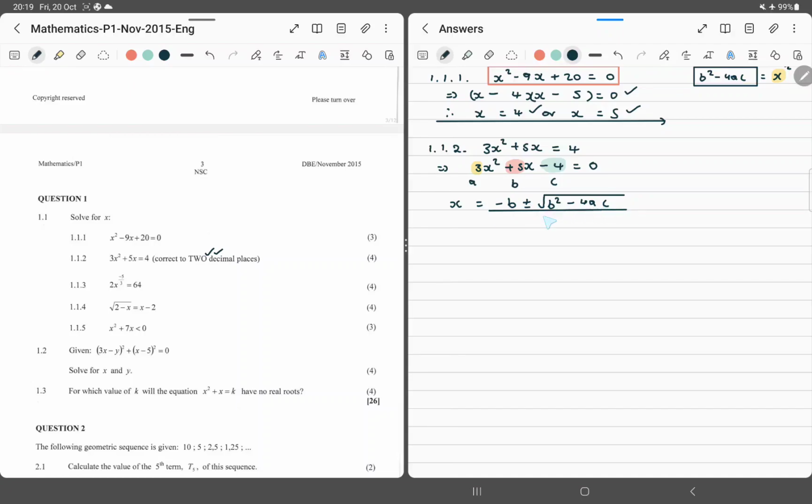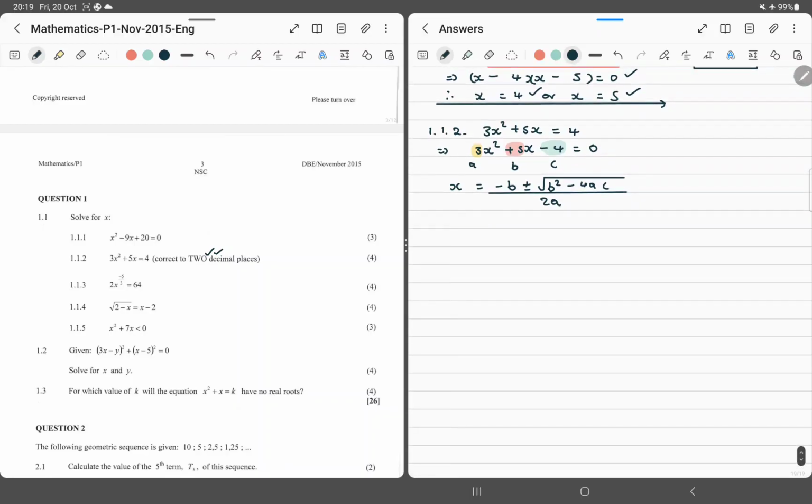Both techniques are one and the same thing actually. It is just looked at differently, but they are interchangeable if you think about them. So this is going to be minus 5 plus or minus the square root of 5 squared minus 4 into 3 into minus 4, all divided by 2 into 3.